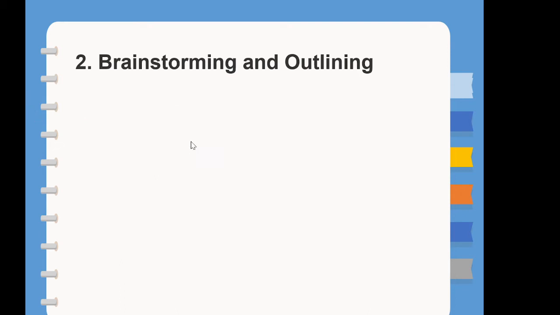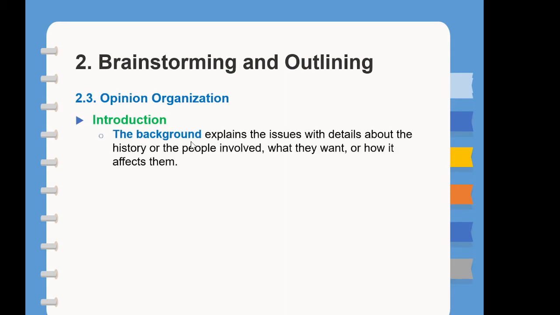And next we move to the background. So what do we write in the background of an opinion essay? Background explains the issue with details about the history or the people involved, what they want, or how it affects them.